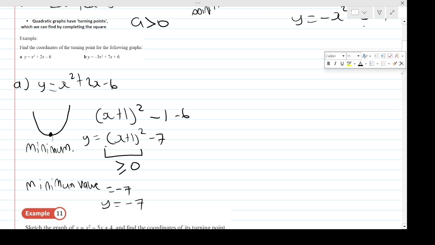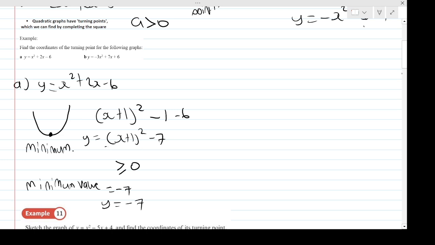Then to find the x coordinate, well, you may think perhaps we could sub in minus 7 for y and then solve it. But actually, it's a far, far easier thing to observe. And that is, when it's minus 7, the minimum value, that's when this bracket has to be 0. Because remember, the square has to be 0 or higher. So the smallest possibility of that bracket is when it's 0, right?